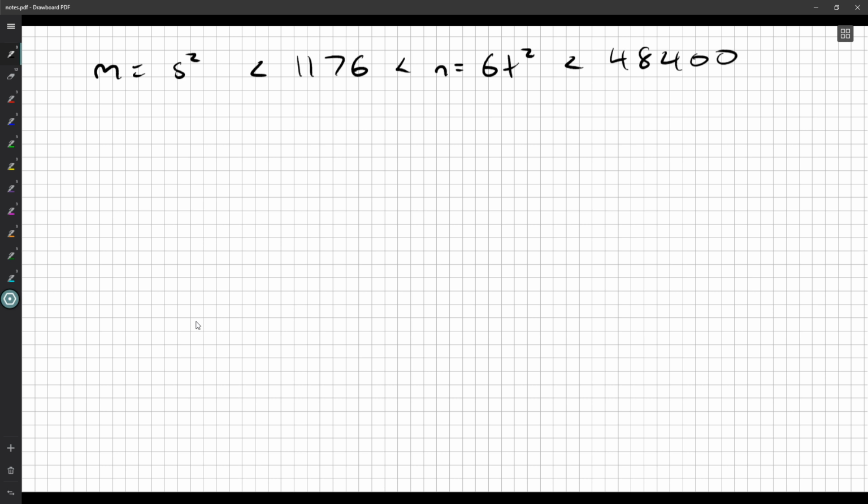Okay, so m has to be a perfect square less than 1176. And n is 6 times a perfect square and sits in between these two values. Okay. And I think that should be it.